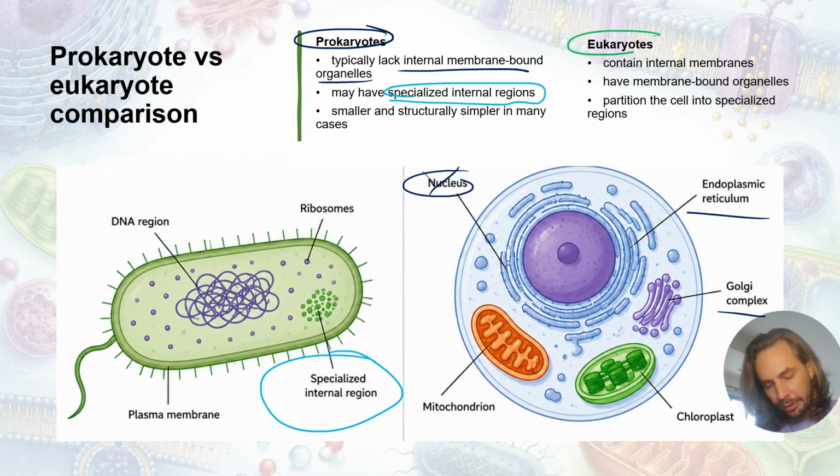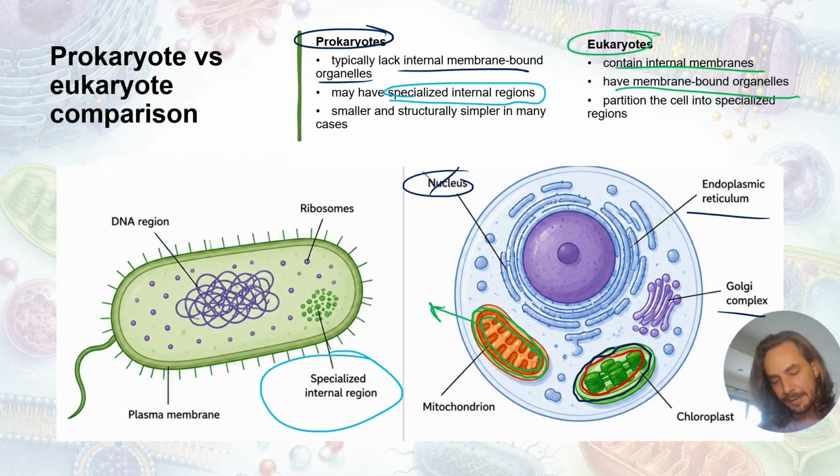Now, eukaryotes have those internal membranes and they have membrane-bound organelles, meaning that I have the organelle itself. This is the mitochondria. Okay, it has an inner layer and it also has an outer layer. The chloroplast too has an inner layer and an outer layer.